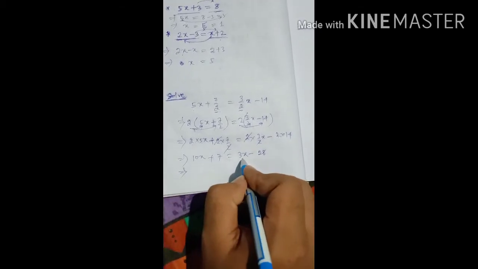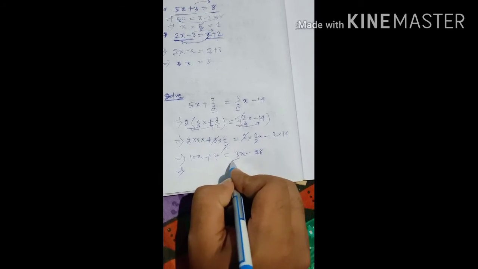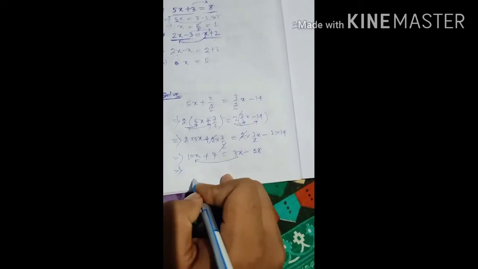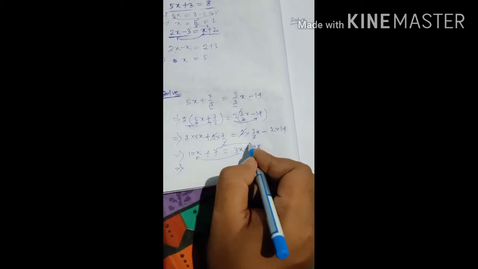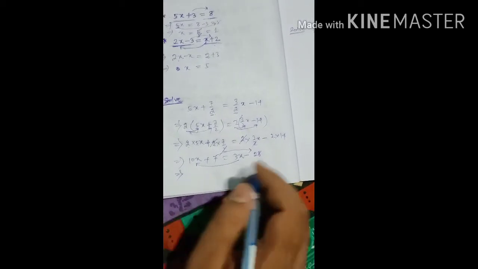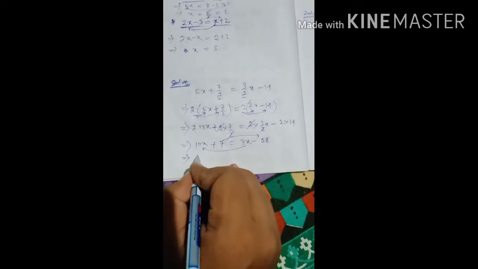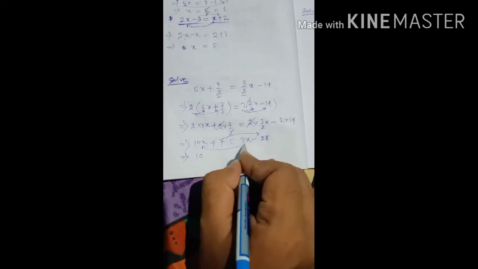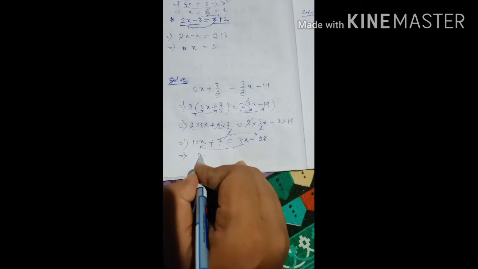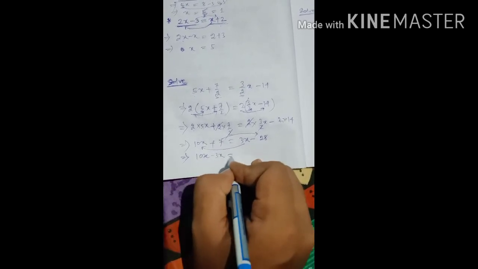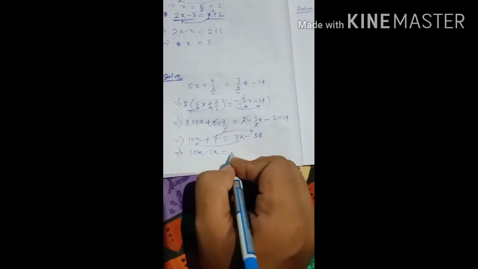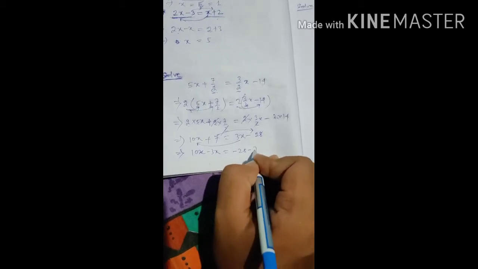Right now, in the next step, what will you do? We will transpose 3x to the left hand side, and again we will transpose plus 7 to the right hand side simultaneously. What will happen here? 10x, after transposing 3x to the left hand side, it will be minus 3x, and after transposing plus 7 to the right hand side, it will be minus 7.